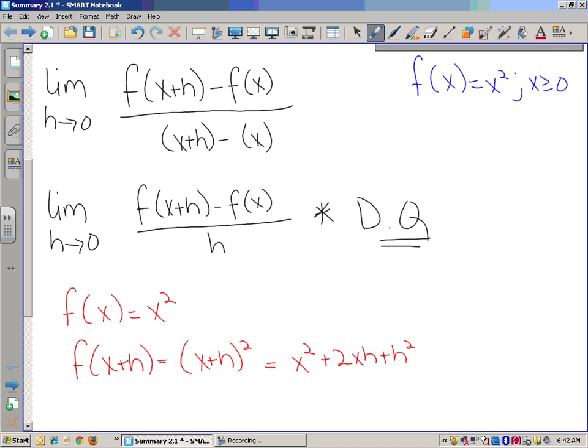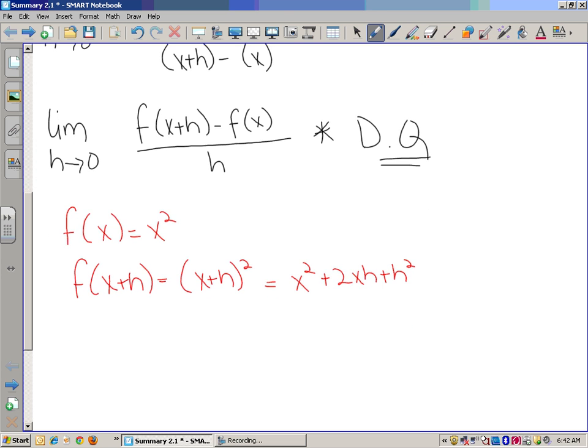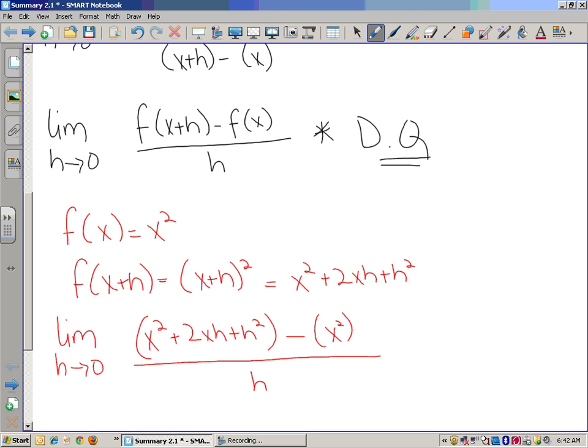I'm not going to show that out. You guys know how to do that at this point. And so now I want to use my notation. The limit as h goes to 0 of x squared plus 2xh plus h squared minus x squared, all over h.